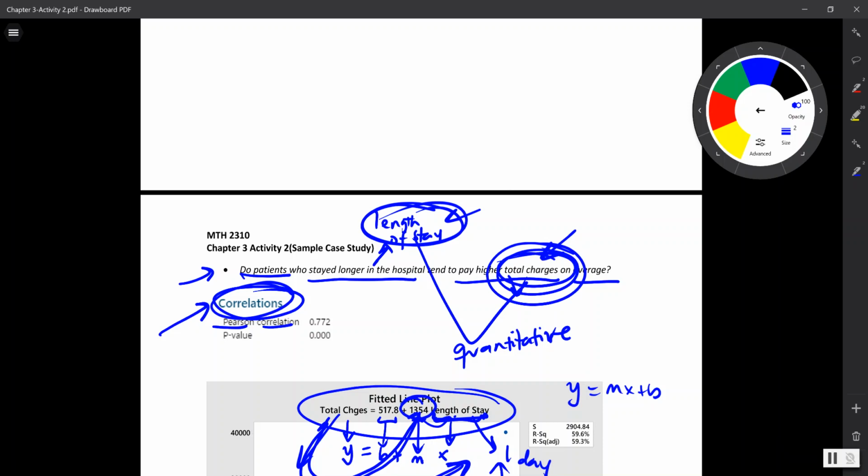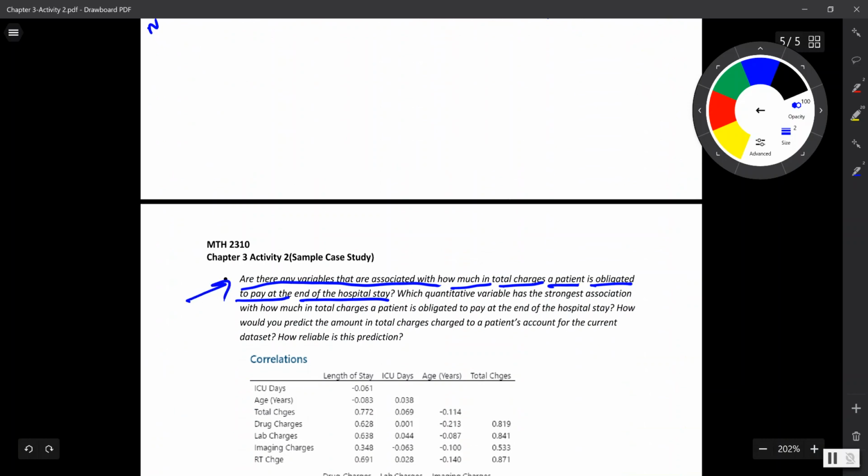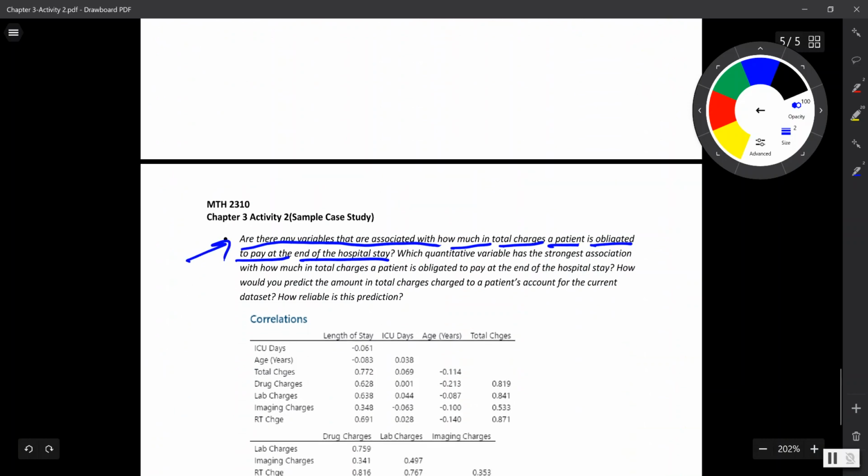The big question we have not answered is, is it only length of stay that is correlated with the total charges? And that is the question that we are trying to answer here. So that means we need to compute more correlations. How do we go about that?